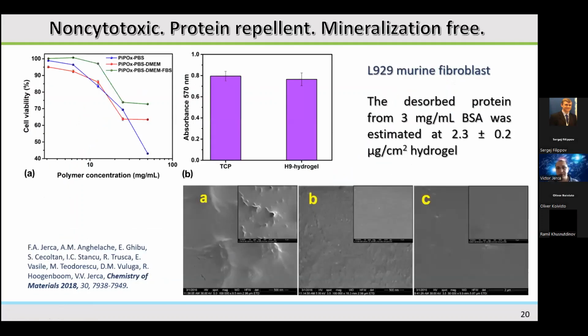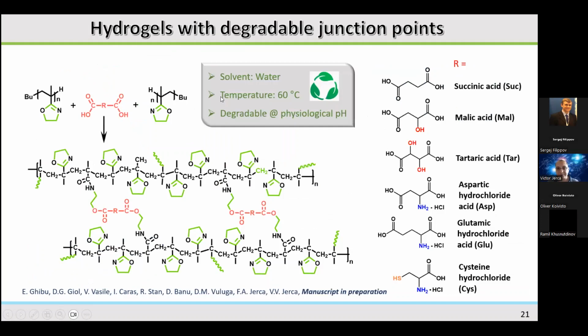We also tested the cytotoxicity of these hydrogels, and they are shown to be non-cytotoxic, protein repellent, and they do not promote mineralization, which is quite important if you're aiming for ophthalmic applications such as lenses.